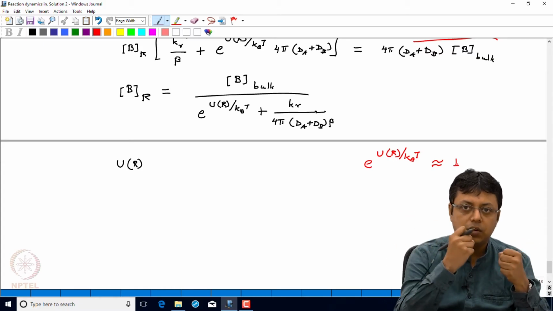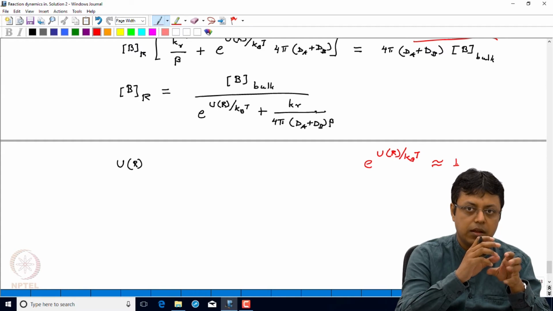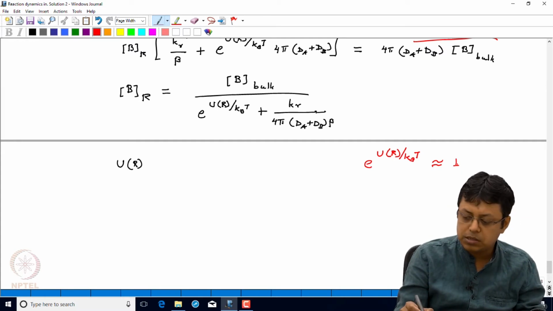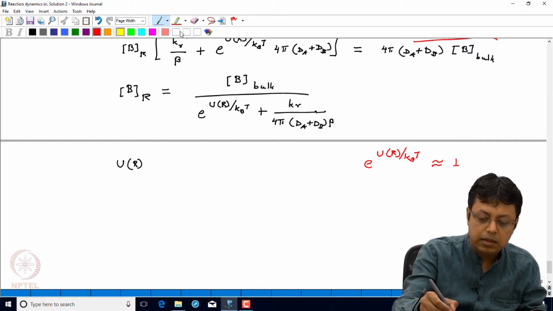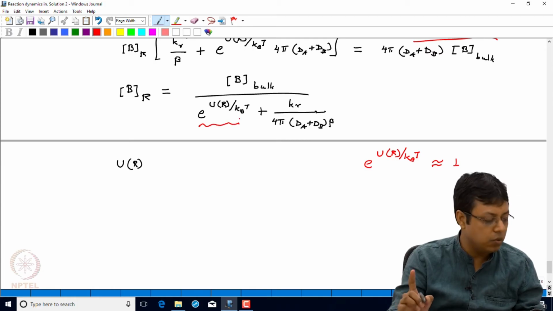But when the ions are in contact, I can assume the potential has gone to its minimum position. So that's why we are ignoring it, and we are saying that compared to kBT it is small. So that's the entire thing. Then I can approximate, since u of r is very small, and we can just remove this term and write it as 1.